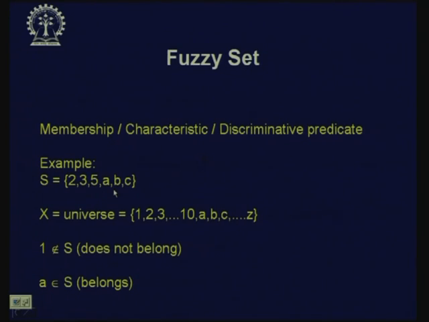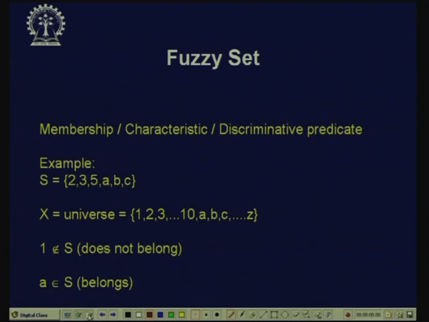Now, fuzzy set differs from crisp set in terms of membership. Whenever we look at a crisp set, any particular set X which consists of 1, 2, 3, 4, 7, 9, then any of these elements either belong to this set or it does not belong to the set.